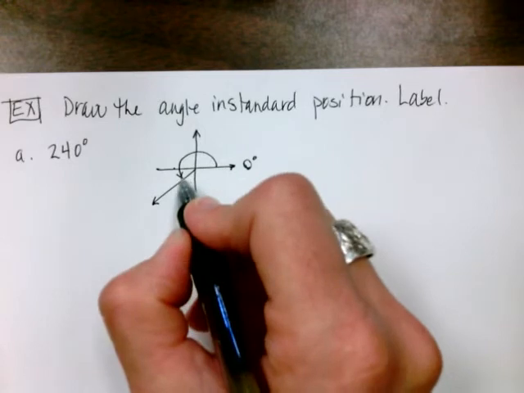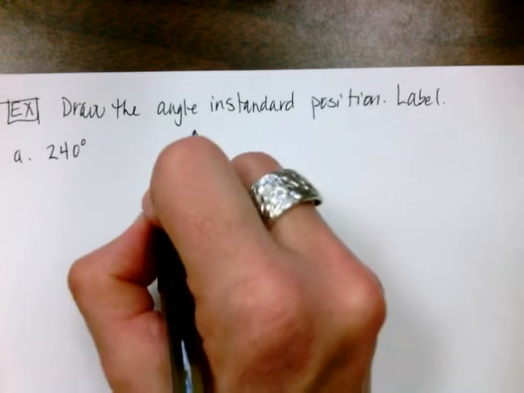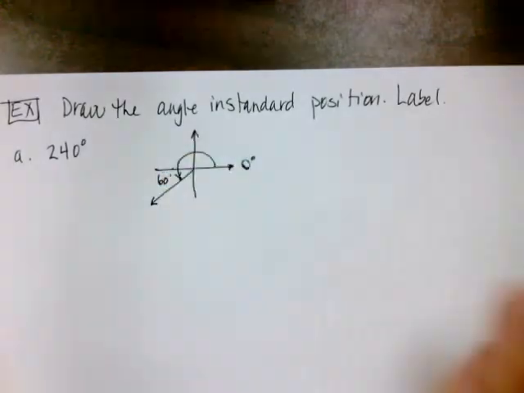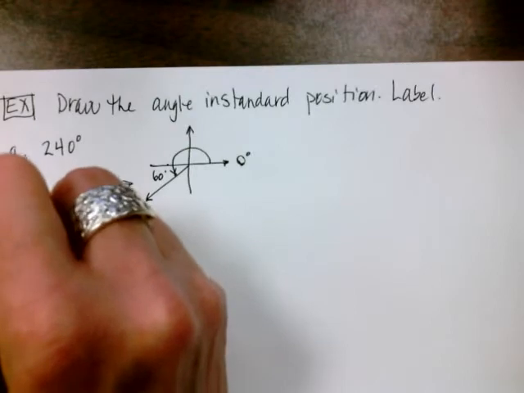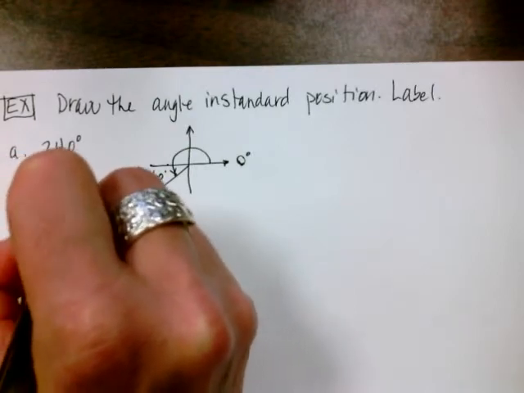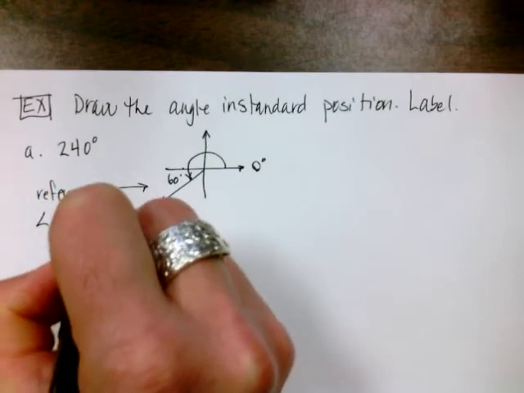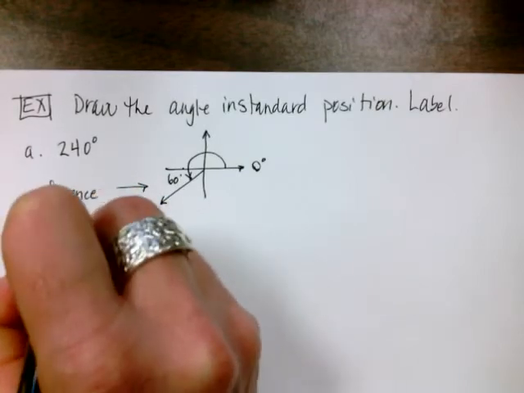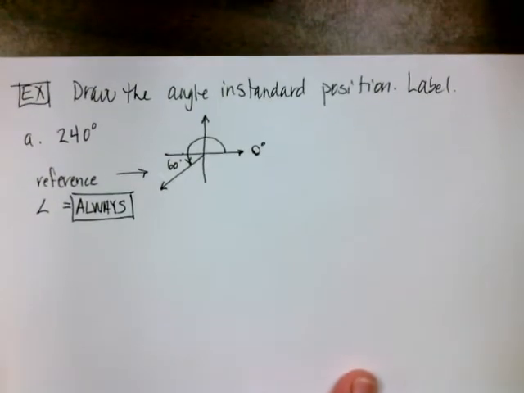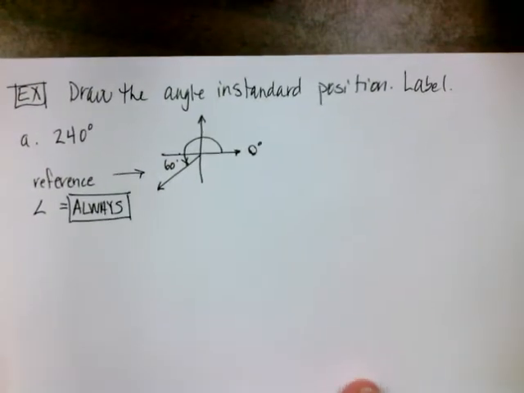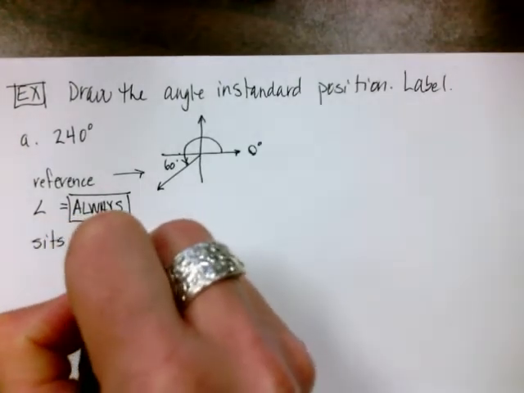I have to show the angle of rotation. I label what's called the reference angle. So I'm going to draw a little arrow right here. This is called the reference angle. And it's always going to sit, one of those very few times that we use the word always in math, but this is one of those times, on the x-axis.